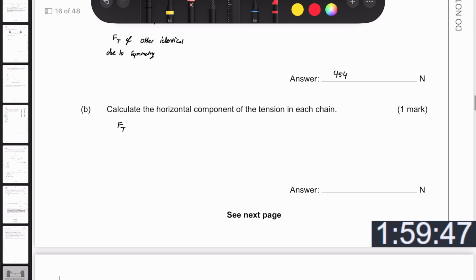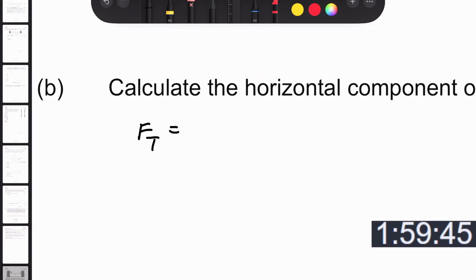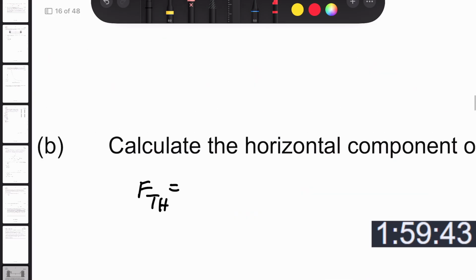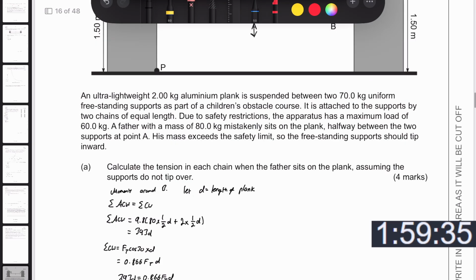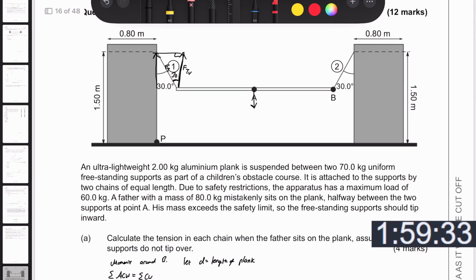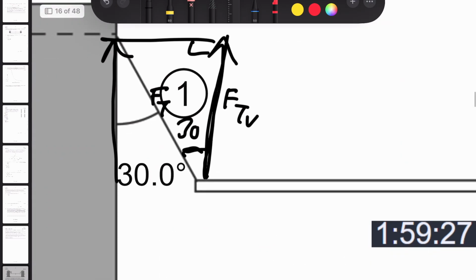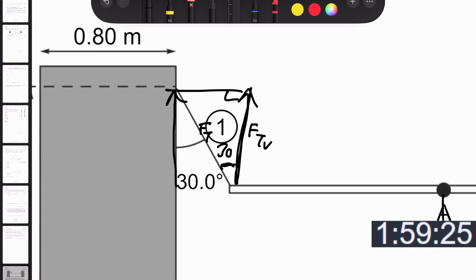Okay, so the horizontal component H is 454 sine of 30. Is that cosine of 30?